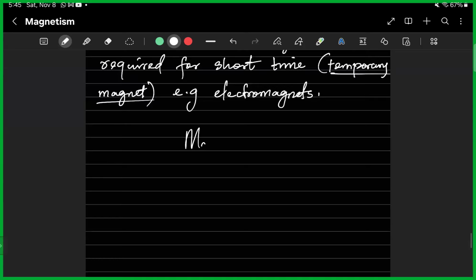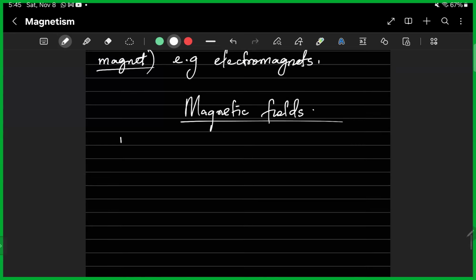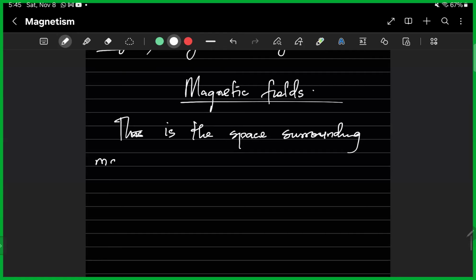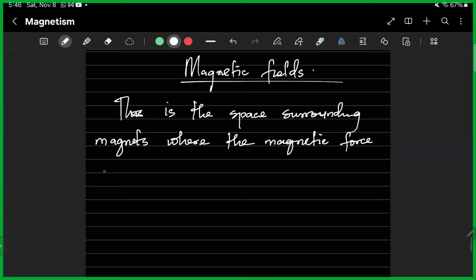Let's talk about magnetic fields for a bit. This is the space surrounding magnets where the magnetic force exerted by such a magnet can be felt.